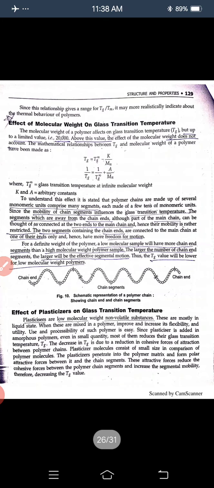Since the relationship gives Tg upon Tm, it may more realistically indicate the thermal behavior of the polymer.